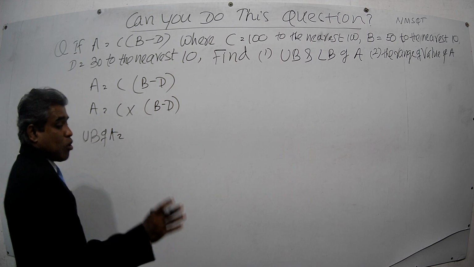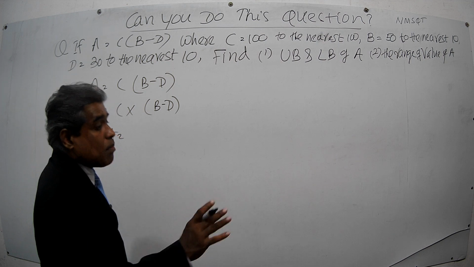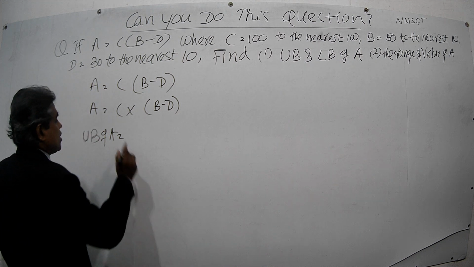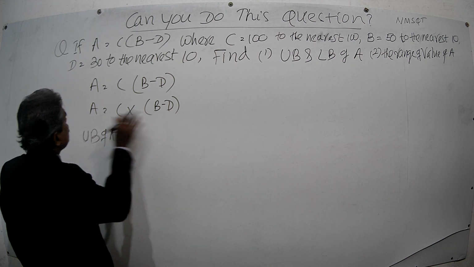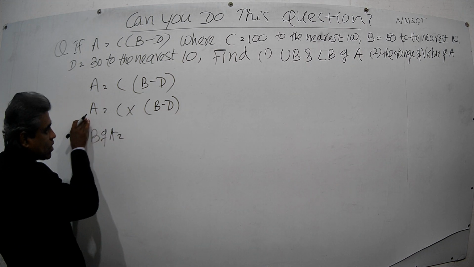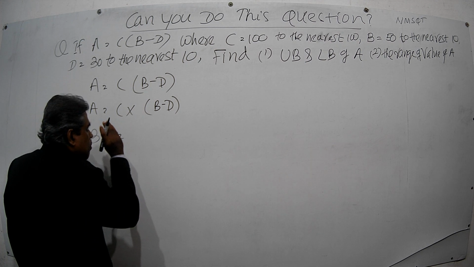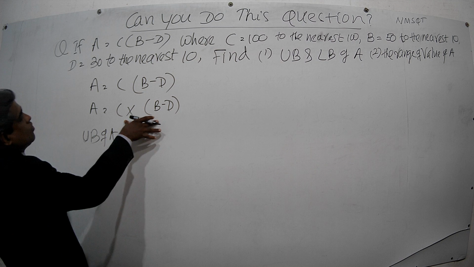What is the formula for the upper bound of a product? Upper bound of a product equals the product of the upper bounds of the numbers multiplied, right? These are the two numbers multiplied to get it. Therefore, upper bound of A equals the product of the upper bounds of these two.